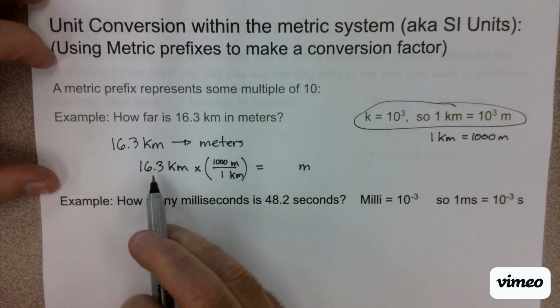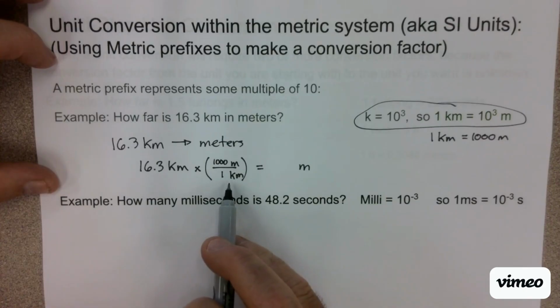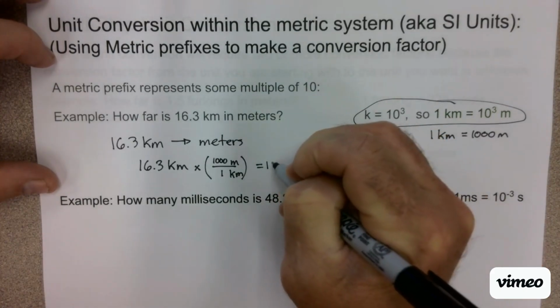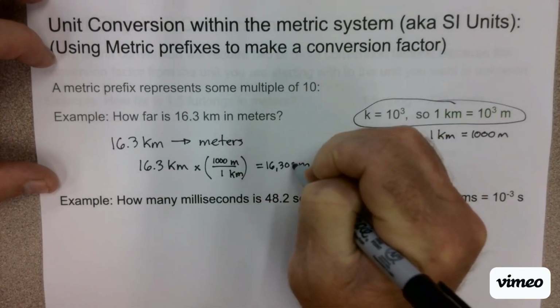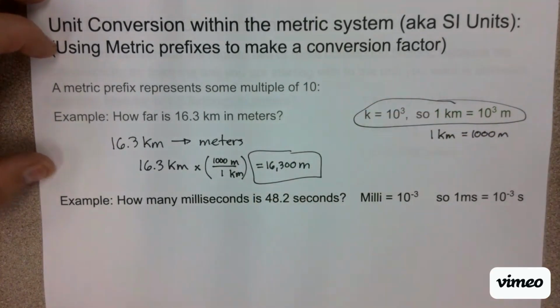I'm going to take 16.3, multiply by 1,000, and divide by 1. That ends up being 16,300 meters. Okay? That's a simple way that you can use a unit conversion process to convert in metric units. There's other ways to do it too, and we'll be discussing many of those in class.